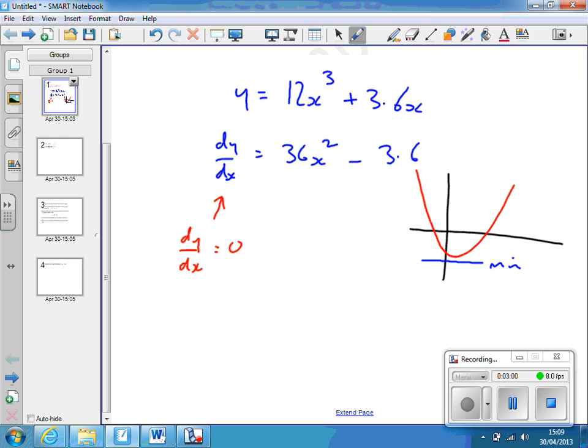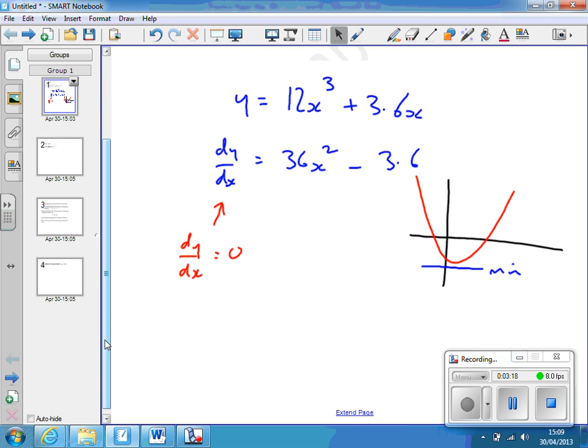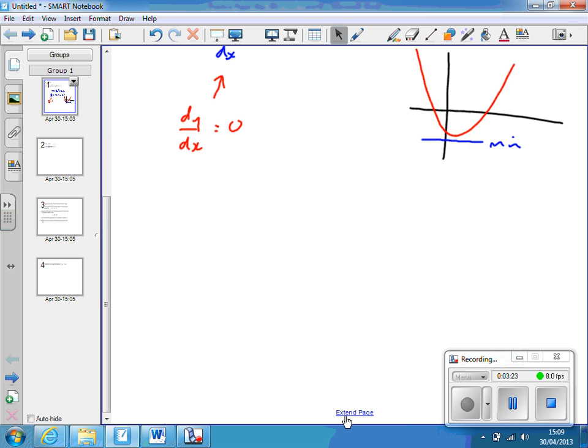Which might be something that you could use it for in the exam. So if I'd said to you, instead of find the value of x when the differential is 0, find the value of x when the function is a minimum, then you need to understand that that's when the differential is 0. Because at a minimum point or a maximum point, the gradient is 0. So effectively, I'm asking you to find this minimum value.